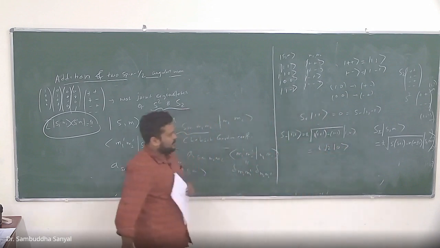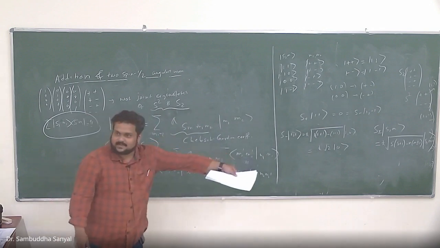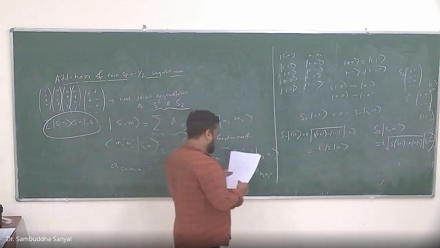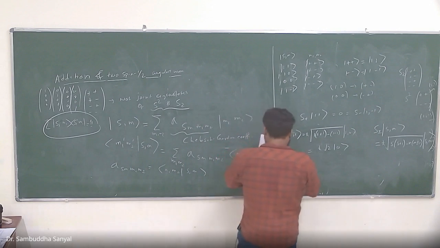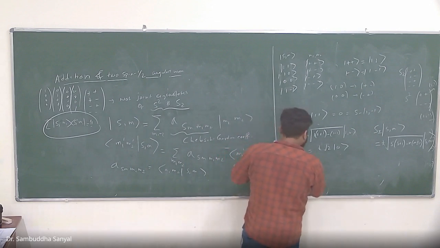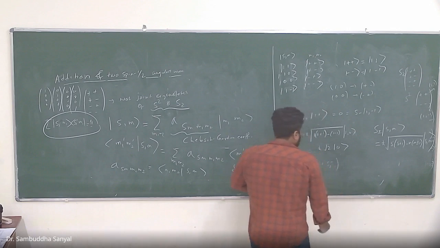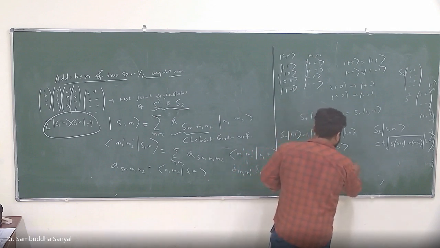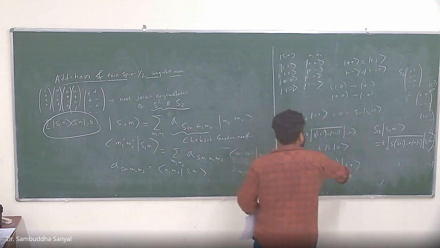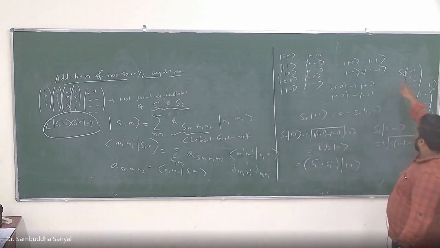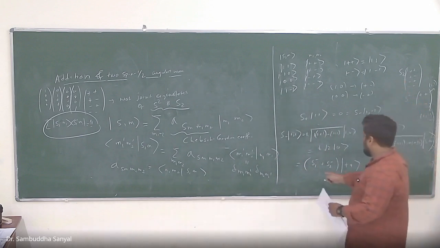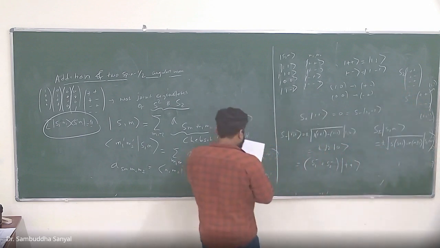Okay. Now I do the same on the other side. What will be on the other side? The other side will be S1 minus plus S2 minus acting on this plus plus. 1, 1 is plus plus, right? 1, 1 is plus plus. So now what should it give me?